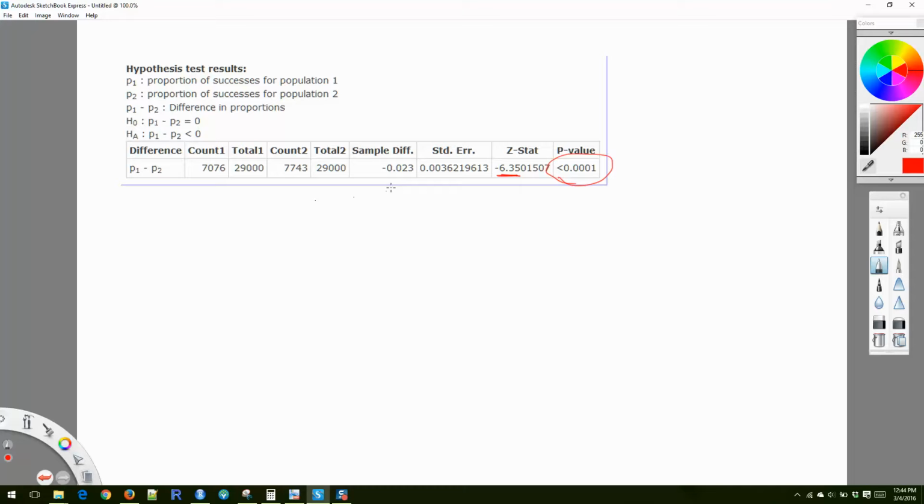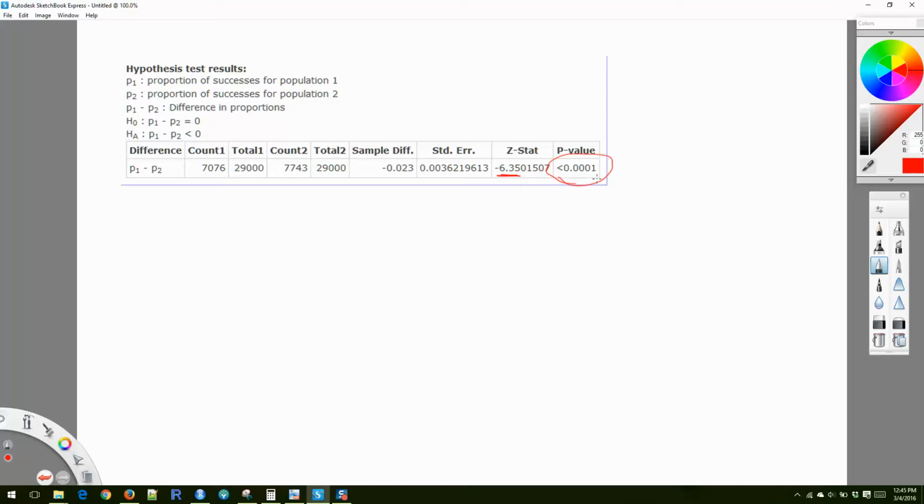So even though the proportion difference between 24.4% and 26.7% doesn't seem to be that huge, when we do the statistics behind it, it's actually a huge difference, okay? This result is almost impossible to happen just from random chance.